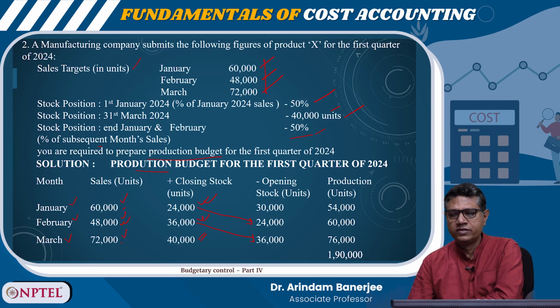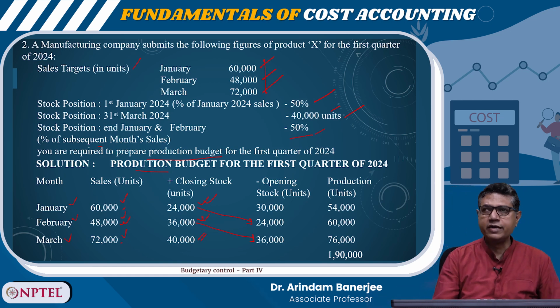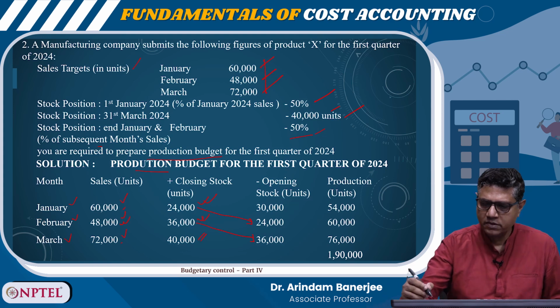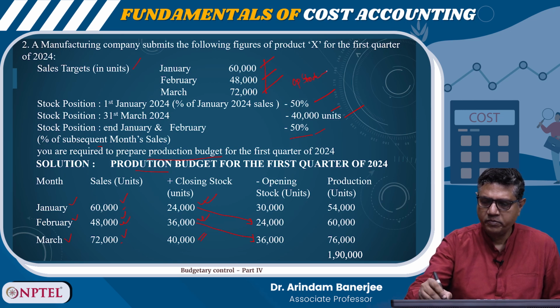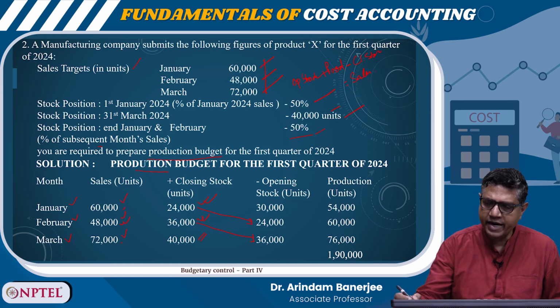Fine. Okay. So now I can calculate the production units. What is my formula? The formula is opening stock plus production minus closing stock is equal to sales. So, for January, I can write it like this.